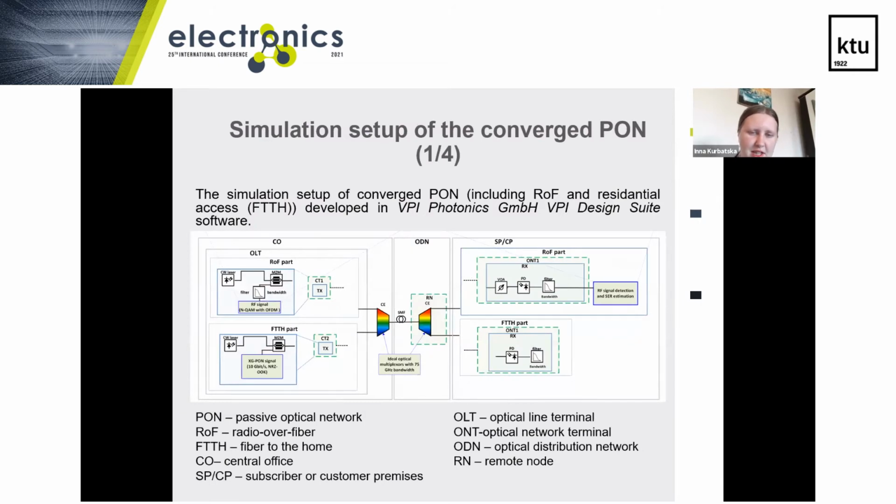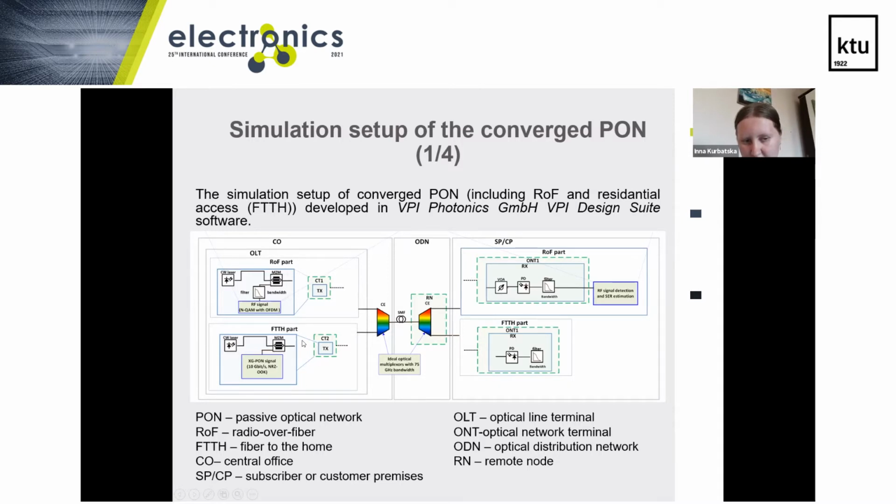So here you can see our simulation setup. It was developed in VPI Design Suite software, which is widely known for fiber optical network simulation. This is a typical architecture of a passive optical network. We have a central office with an optical line terminal with two parts.